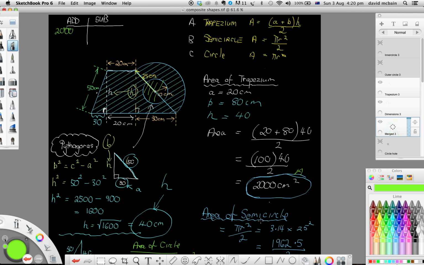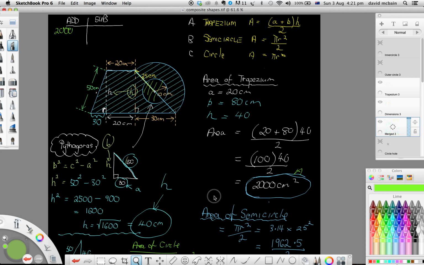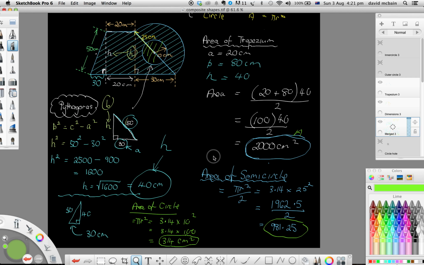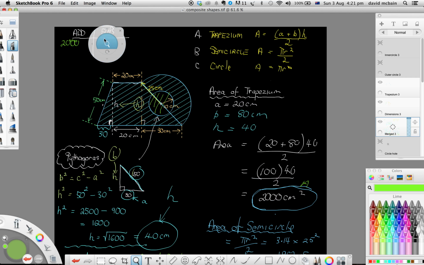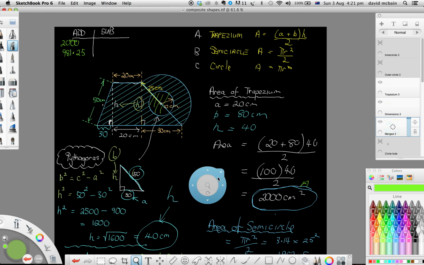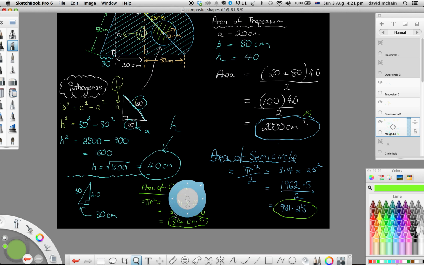We're also going to add the area of our semicircle, which was B, and that ended up being 981.25. And finally, the part that we need to subtract, the hole in the middle, was 314.